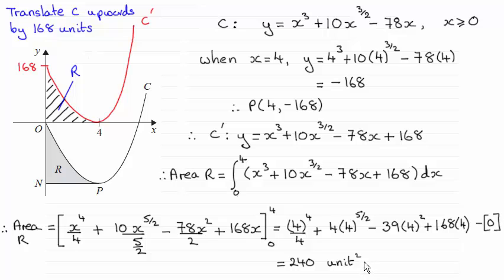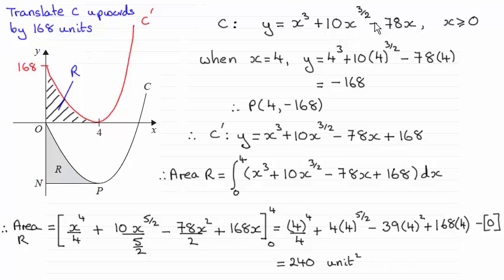it's a lot quicker. And that is, you'll notice that I've translated the graph so that the area R is above the x-axis. And what I've done is worked out what the y-coordinate was at P just by substituting x equals 4 into the equation of the curve.